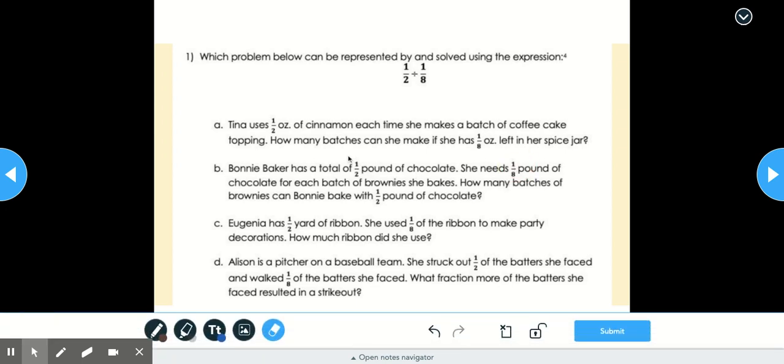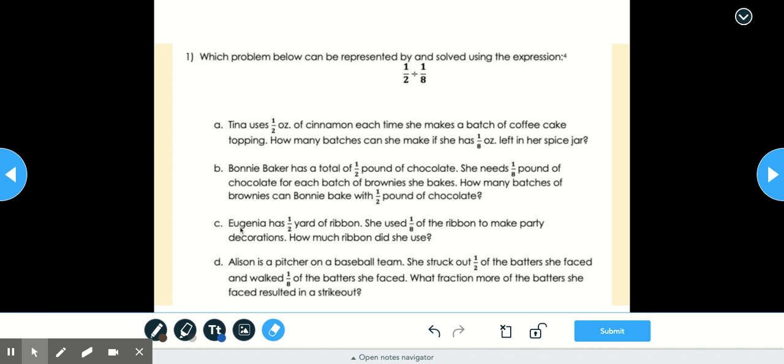So it's dividing the total into the amount of chocolate, or the group size, that she needs for each batch. And then it asks us how many batches, or how many groups, of brownies she can bake. So keep this one in mind. This one seems like it has everything that we need. Let's read through the other two options to see if they are possibly a correct answer.